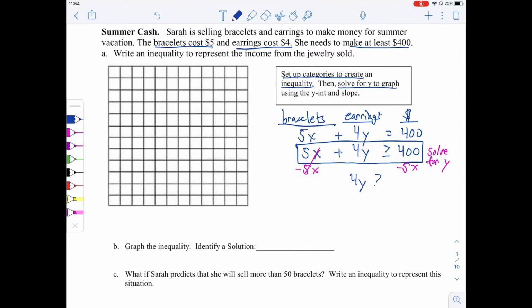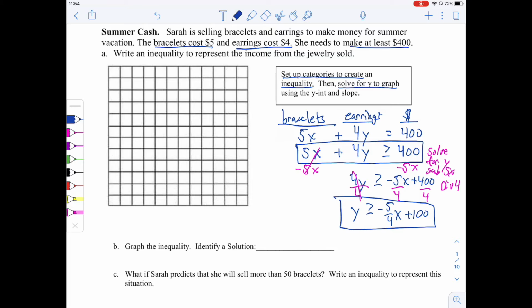So we have 4y is greater than or equal to negative 5x plus 400. They're not like terms, so leave them separate. And we always divide by our coefficient, so we divide by 4. So y is greater than or equal to negative 5 over 4x plus 100. And this is what we want to graph.